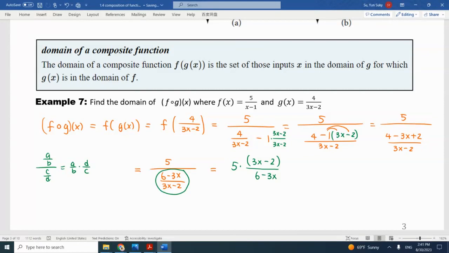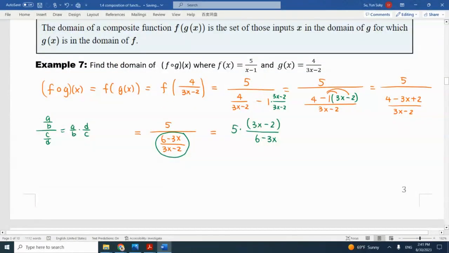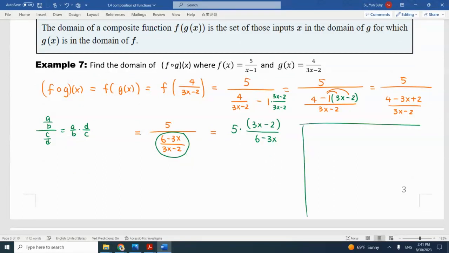Very good. And here, I also want to emphasize the line. The length of the line really matters. Do you see this line is longer than this? If I put this shorter and 6 minus 3x, this line is longer.